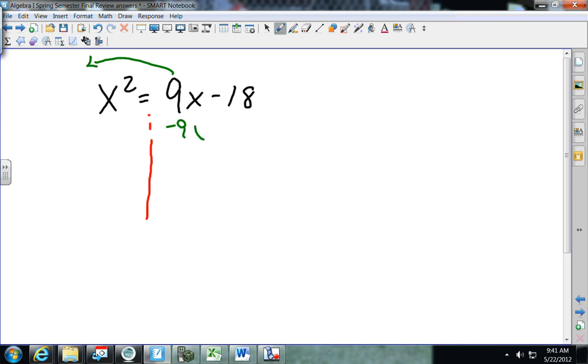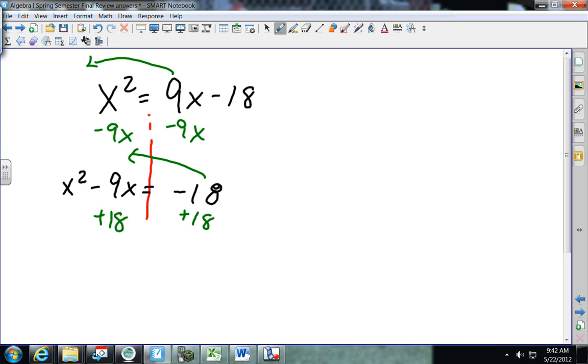I have to subtract 9x from each side. I get x squared minus 9x equals -18. Now move the 18 to the other side. I will add 18 to each side. I'm going to get x squared minus 9x plus 18 equals 0.